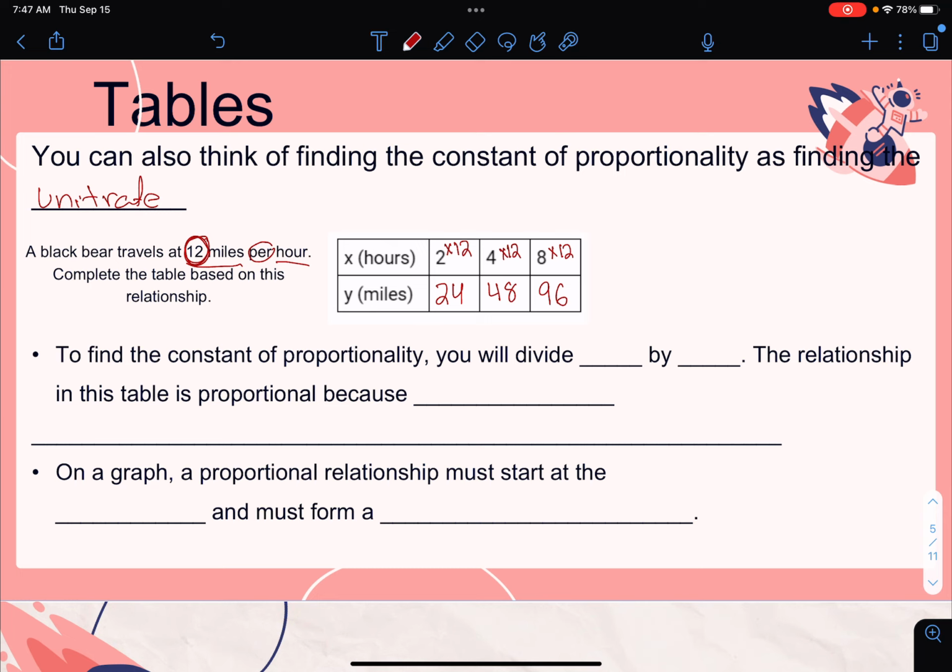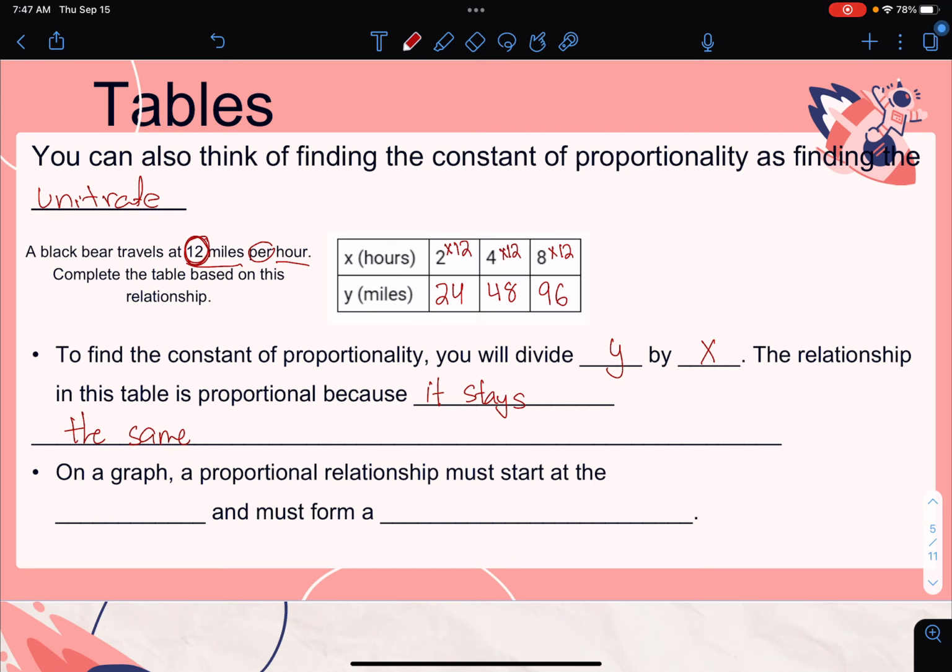To find the constant of proportionality, you divide the y by the x. This relationship in the table is proportional because it stays the same. So every time you go up 1 on x, it's going to go up 12 on y.